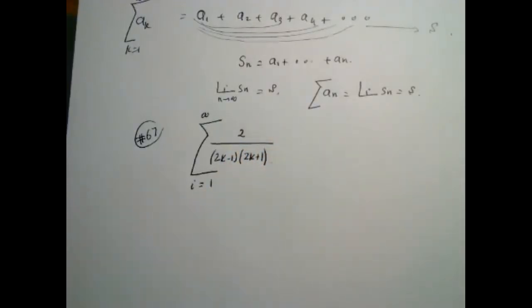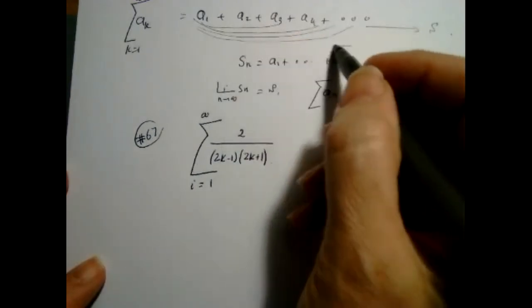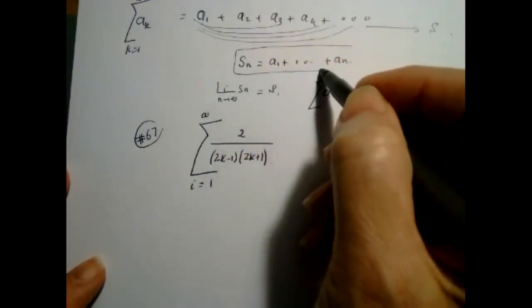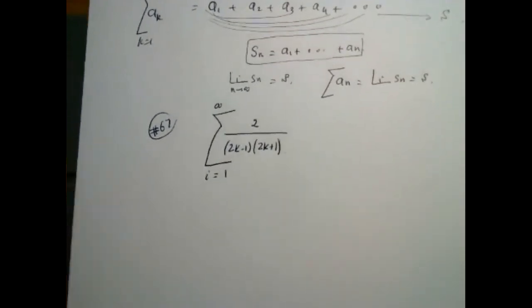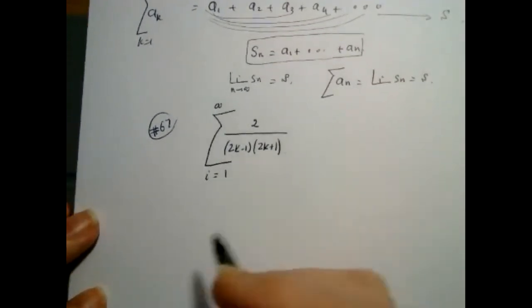The question is to find the partial sums S1, S2, S3, S4, see a certain pattern coming up, and then find Sn. So they want a formula for the sum of the first n terms, and then see what happens when n goes to infinity.